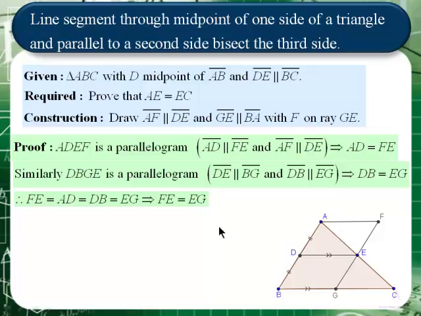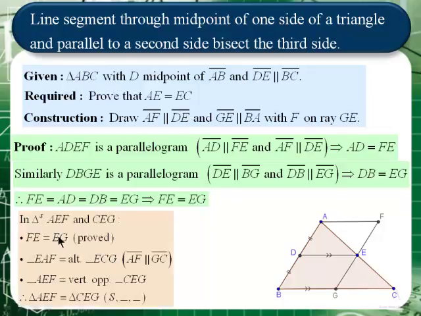So what we do now is we compare these two triangles here, namely triangle AEF, we compare that with triangle CEG, and we already have proved now here that FE is equal to GE. That's the first thing. Furthermore, angle EAF is alternately equal to angle ECG, right?